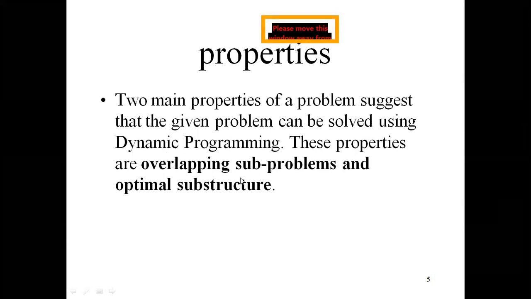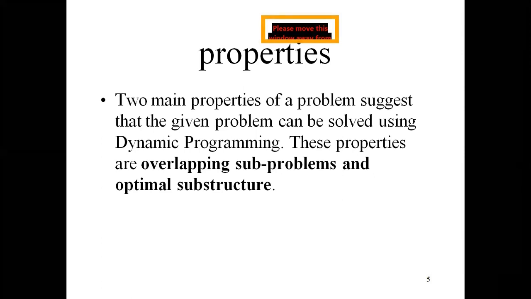So what is overlapping of subproblems? In the divide and conquer strategy, the subproblems are independent. Independently, we solve the subproblems to get the solution of each subproblem and then the solution to the original problem. But in dynamic programming, these subproblems overlap with one another.